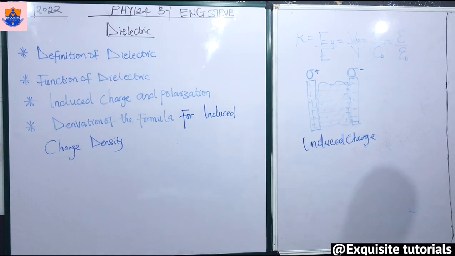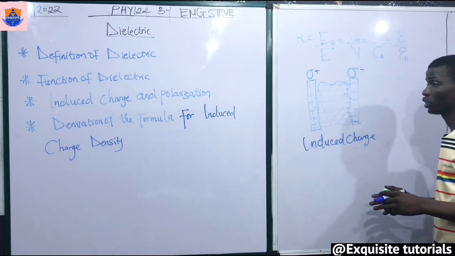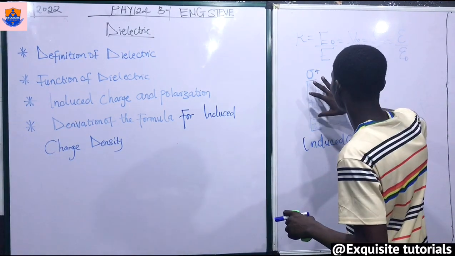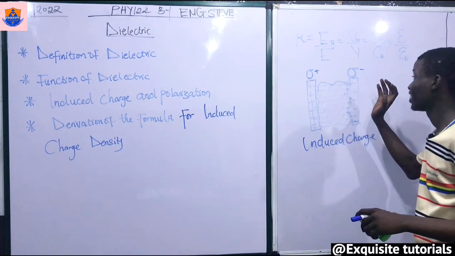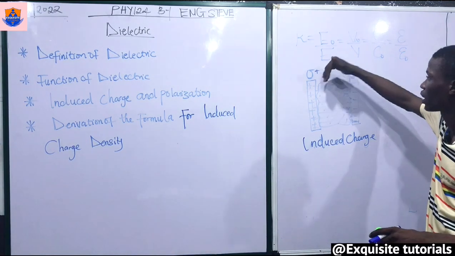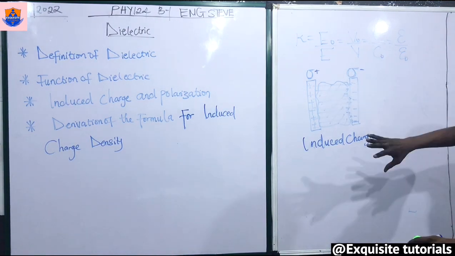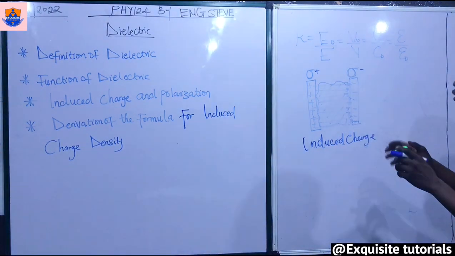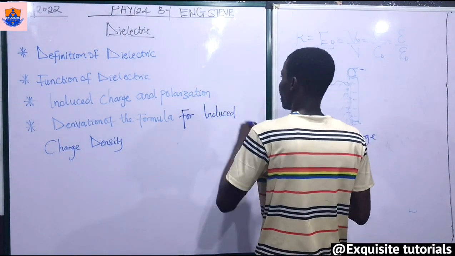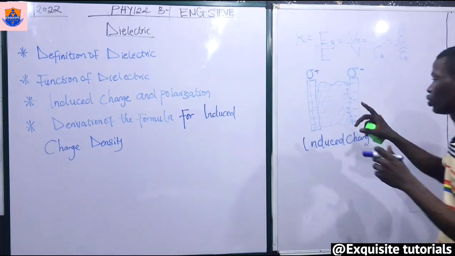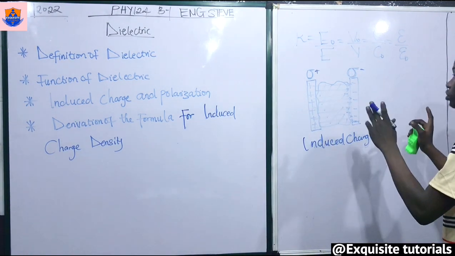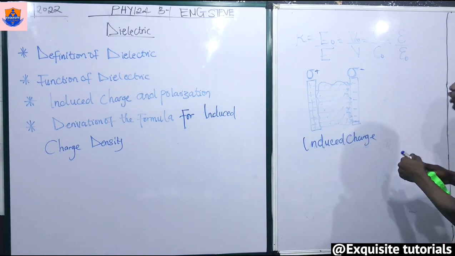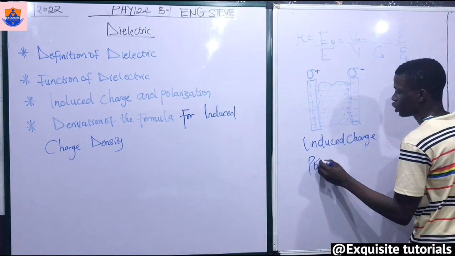So our induced charge density is produced as a result of the redistribution of the positive and negative charge between the two terminals of this plate of a capacitor in the presence of a dielectric. The process by which that redistribution takes place is referred to as polarization.